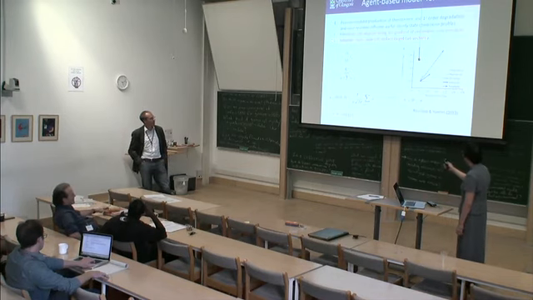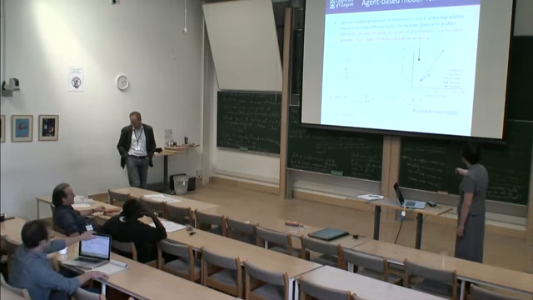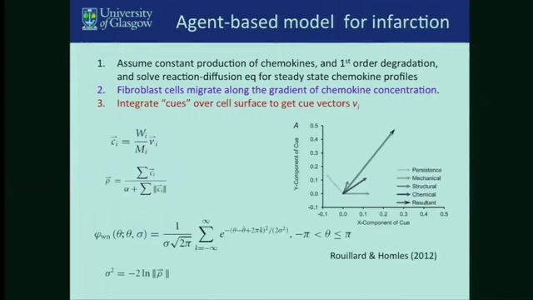So one approach I didn't get a chance to say is by Holmes group. They use an agent-based model. So what they do is they have a cell, use a lot of cells, and the cells migrate along the gradient of chemokine, and then you have a lot of cues, mechanical cues, structural cues, and the persistent cues, and you add them together and put it in a wrapped probability function.